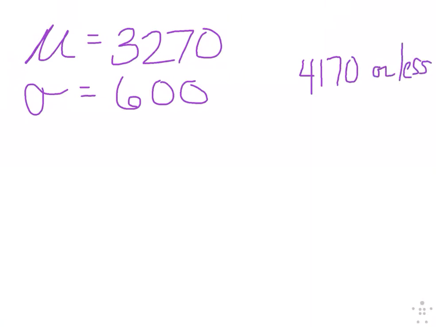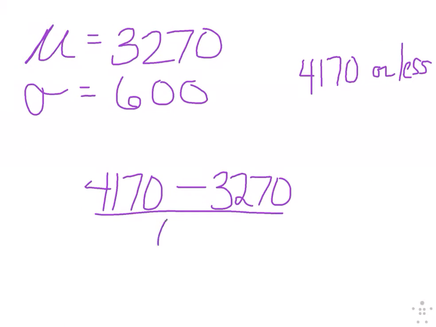That's the question you're trying to find. The x would be the number that they gave you, 4,170, minus the mean, 3,270, and then divide it by 600.